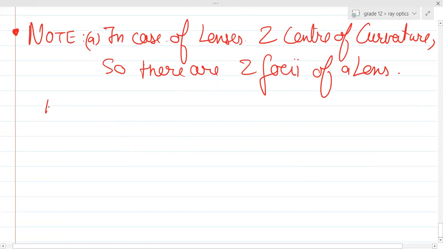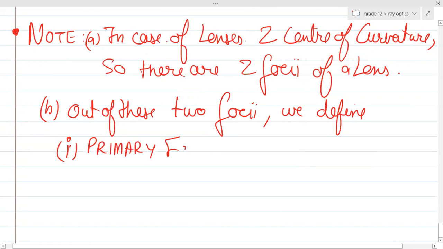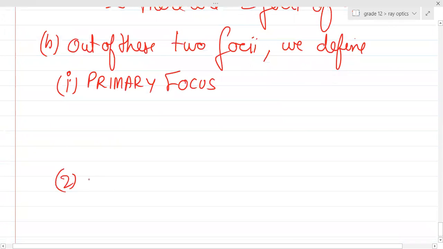Always remember, out of these two foci, we define the first as the primary focus and the other as the secondary focus. Guys, what is this primary focus?